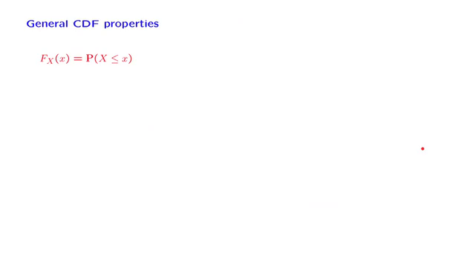CDFs have some general properties, and we have seen a hint of those properties in what we have done so far. So the CDF is by definition the probability of obtaining a value less than or equal to a certain number little x. It's the probability of this interval. If I were to take a larger interval and go up to some larger number y, this would be the probability of a bigger interval, so that probability could only be bigger.